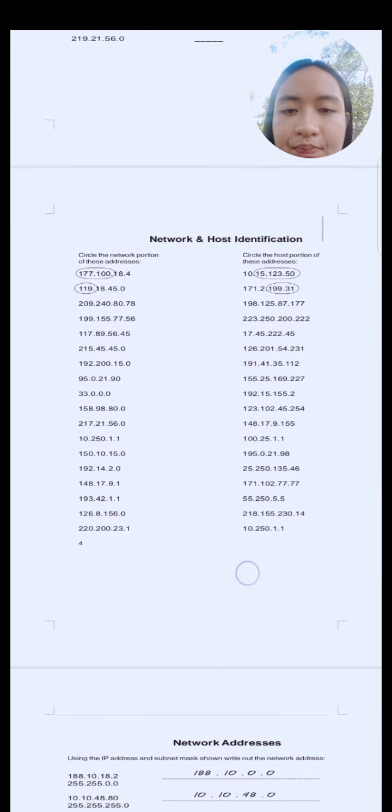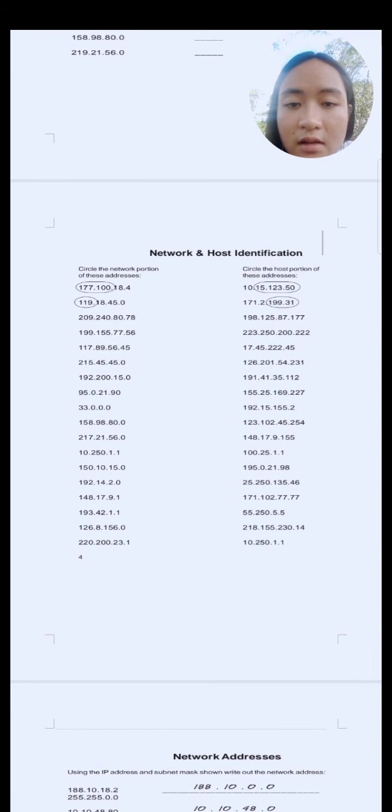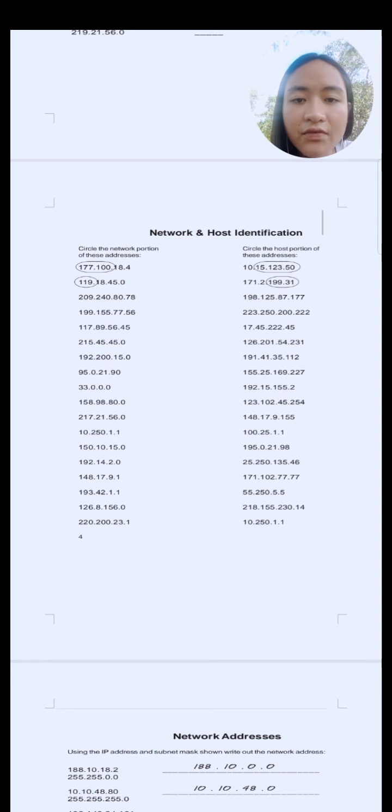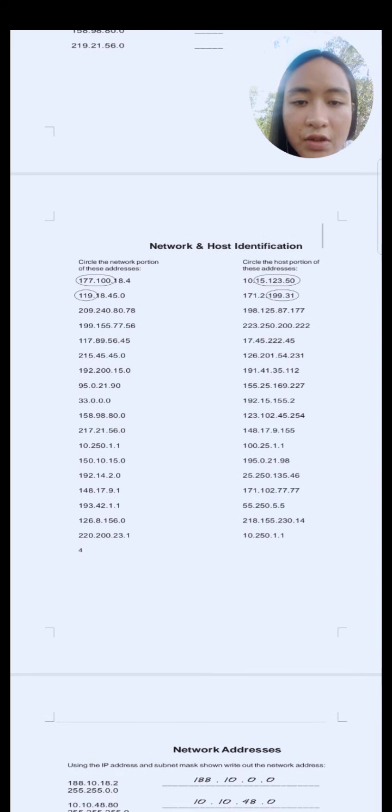As you can see, guys, they encircled the 177.100, which is the network portion. Then for the host identification, they also encircled 15.123.50. Then in the second, the network portion is 119, and the host identification is 199.31.